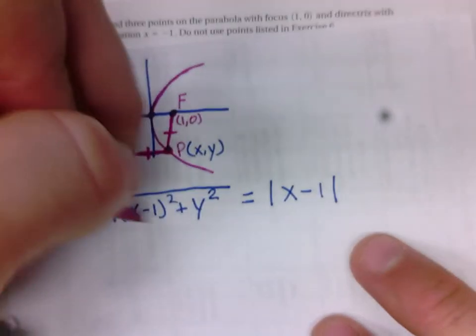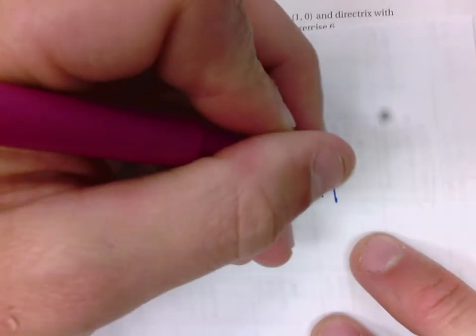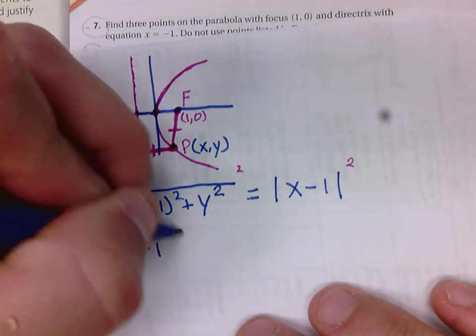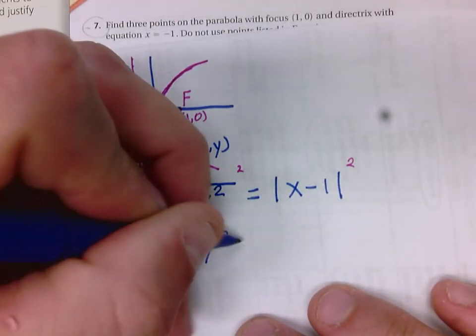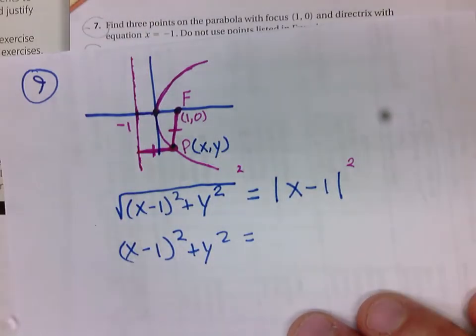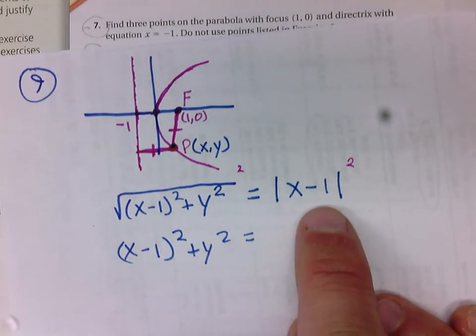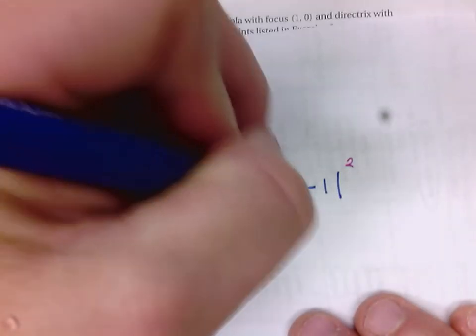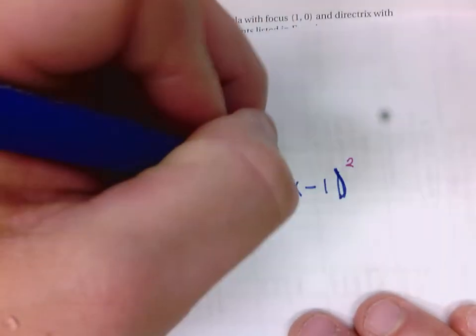Then we can just deal with this like we did before. How do I undo this square root? We square both sides, and we get x minus 1 squared plus y squared equals, what do I get when I square this? The absolute value doesn't really matter because when you square it, that makes it irrelevant.